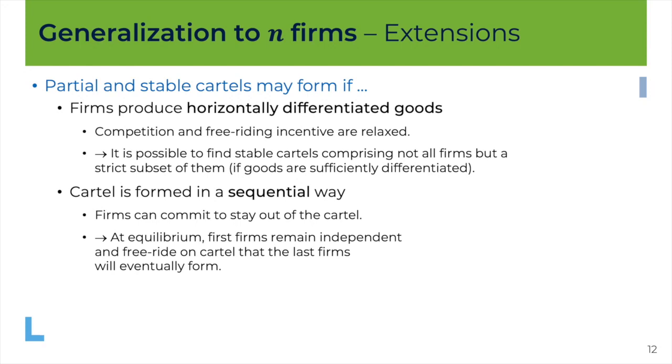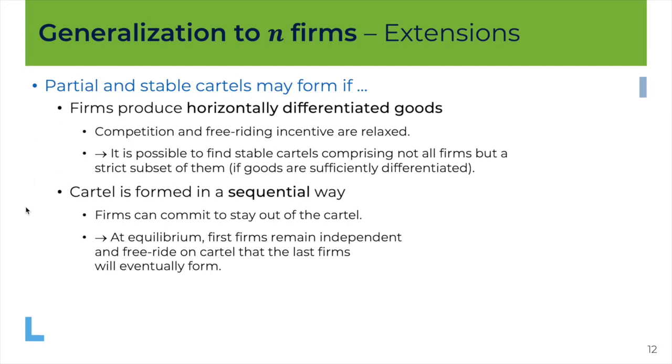Okay, so they can say in a credible way, I'm not going to join the cartel, and that will allow the firms that propose next to form a cartel without fearing that the firms that are in the cartel would leave it afterwards.